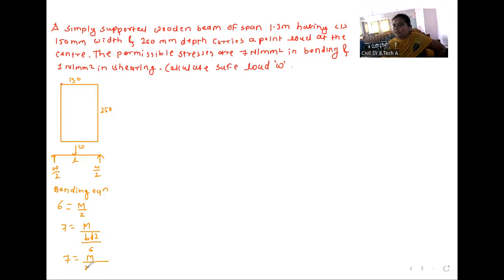So B is 150, into D is 250, divided by 6. So M is equal to, you calculate and tell me, how much? Yes, 250.